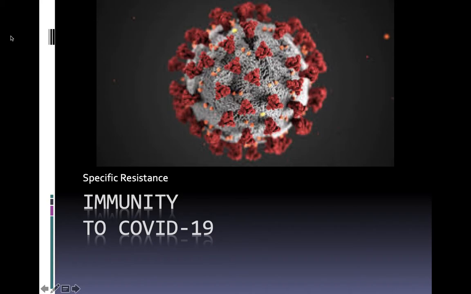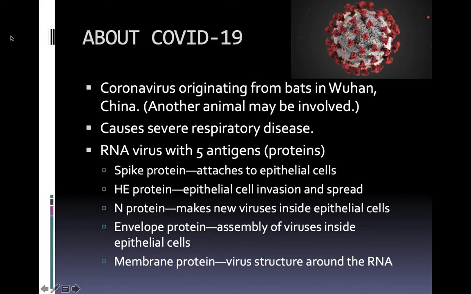So, this will be a two-part lesson. You'll get this first part, just some specifics about COVID-19. And then after spring break, we'll talk about how our bodies would specifically eliminate it, plus the vaccine side, preventing this disease. So let's get into this.